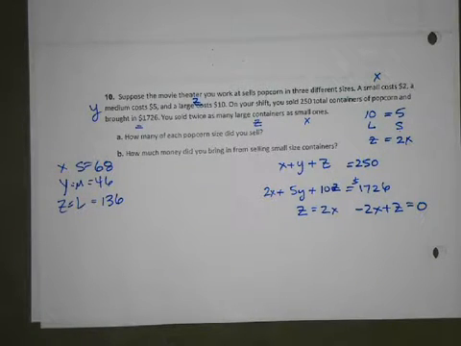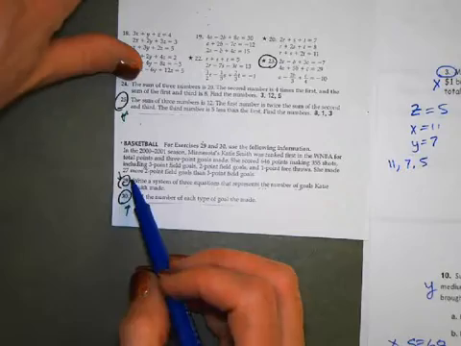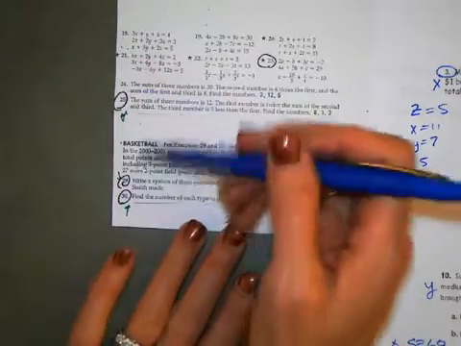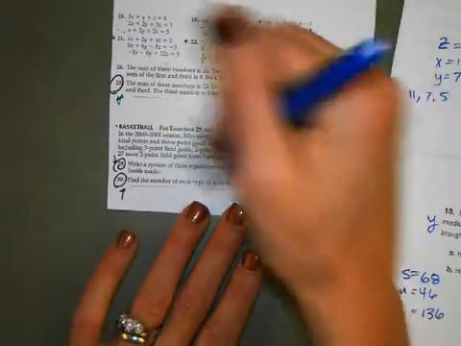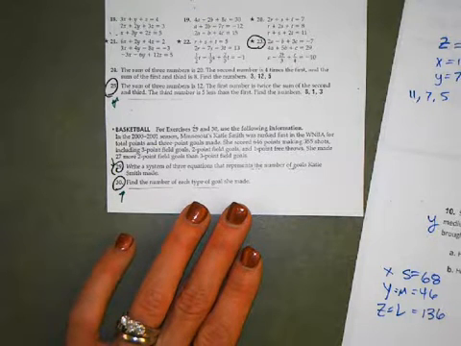And then on your actual homework assignment, you want to do 25, 29, and 30. Okay, so 25, 29, and 30. So you really just have to work these, and then you have to create them here. Okay? Good? Questions?